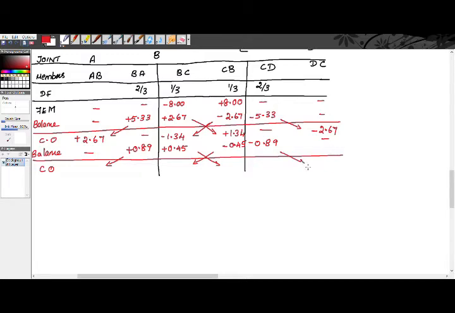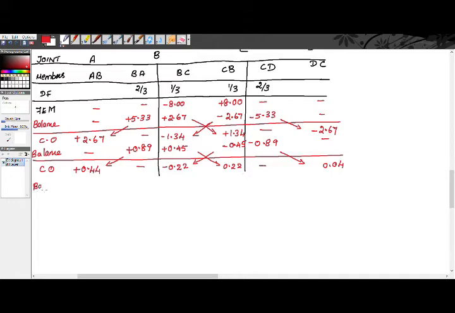Here half of C is carried to D. So what we get is 0.89 divided by 2, it is 0.44. Minus 0.45 divided by 2, minus 0.22. 0.45 divided by 2, 0.22. Minus 0.89 divided by 2, 0.04.